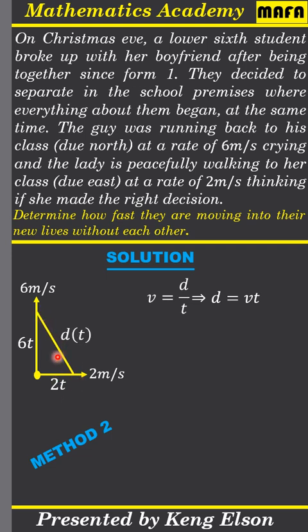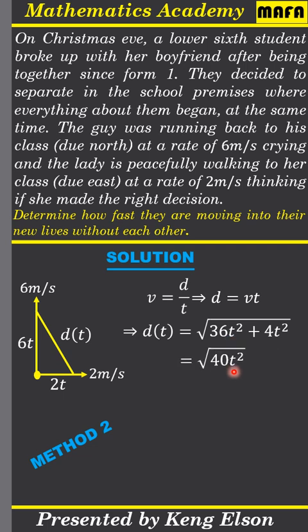So the distance separating them is equal to d of t. Since this is a right angle triangle, d of t is the square root of (6t) squared plus (2t) squared. That is 36t squared plus 4t squared, and 36t squared plus 4t squared is equal to 40t squared. The square root of 40t squared is 2t times root 10. Now that is the distance that is separating them.